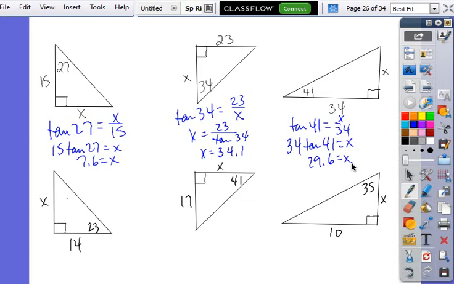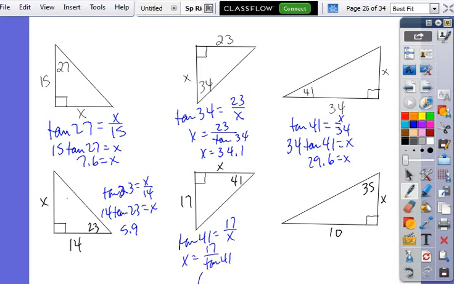That would be tangent of 23 equals X over 14. Numbers in the bottom, I multiply. Answer. This one you divide. Tangent of 41 equals 17 over X. Variable in the bottom, so I divide on that one.